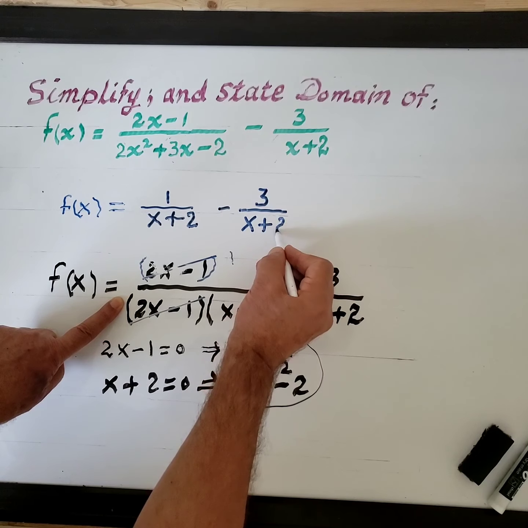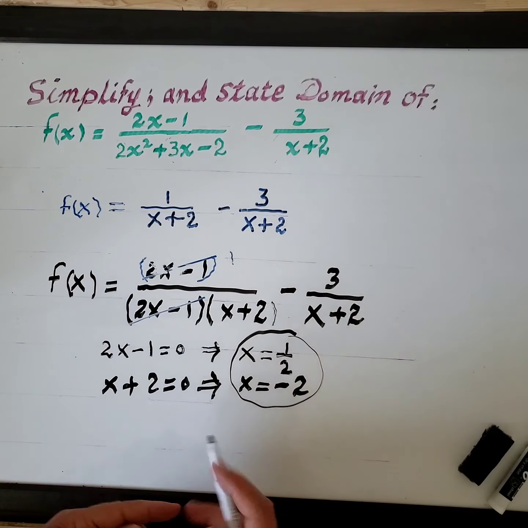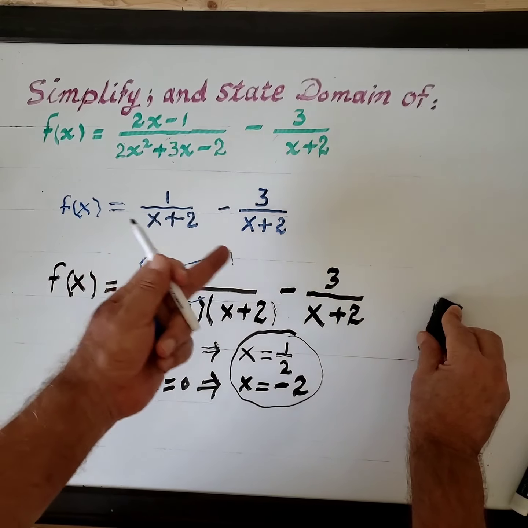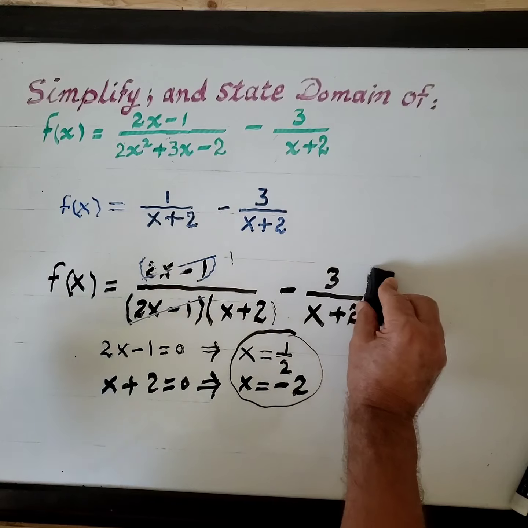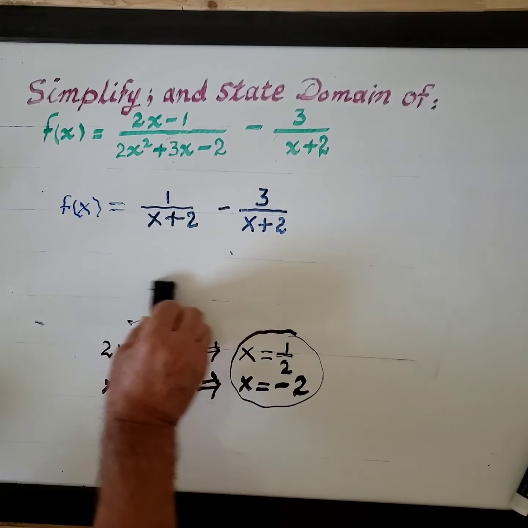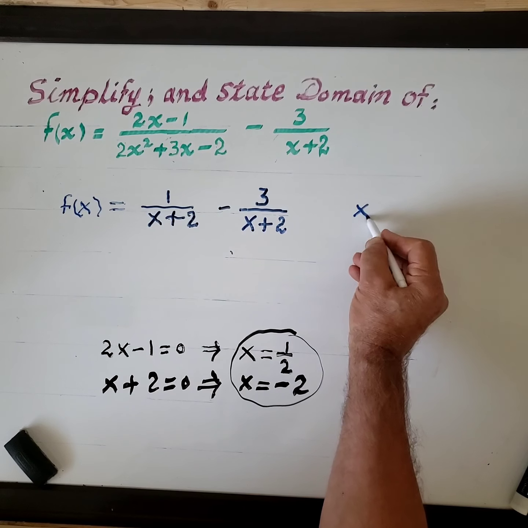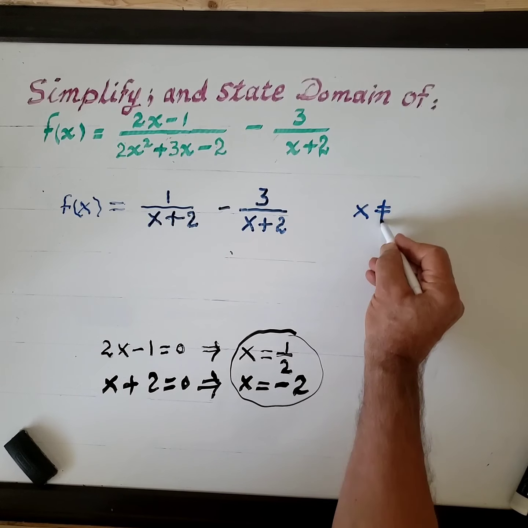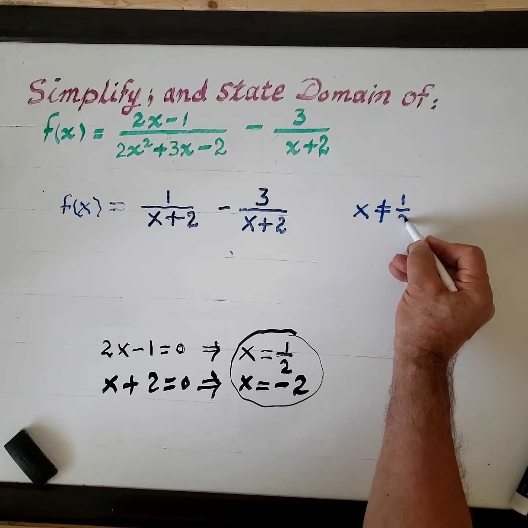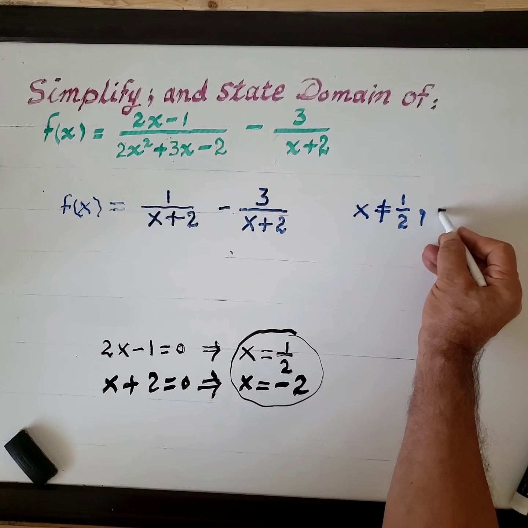Now I guess it's getting easier to make the result for those two terms. And also we state here x is not equal to 1/2 and is not equal also to -2.